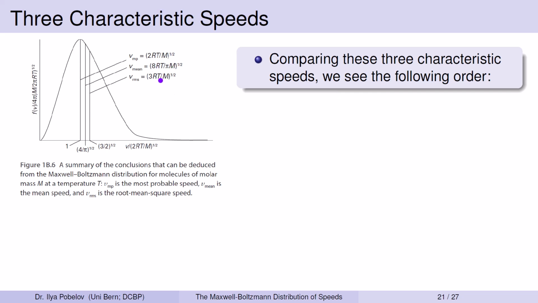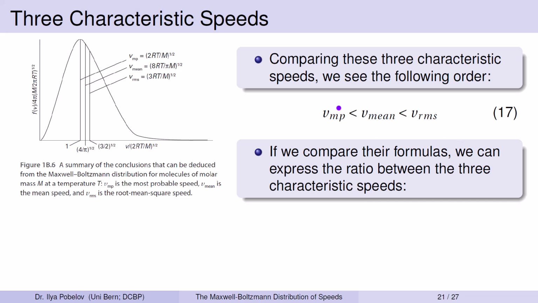Comparing these three characteristic speeds, we see the following order. The most probable speed is the lowest, the mean speed is a bit higher, and the root mean square speed is the highest of the three. If we compare their respective formulas, we can express the ratio between the three characteristic speeds.